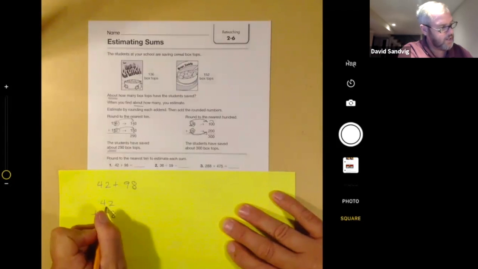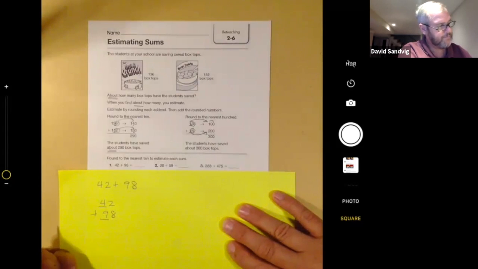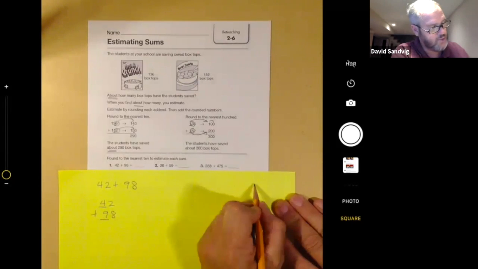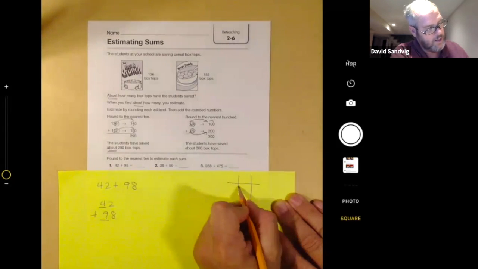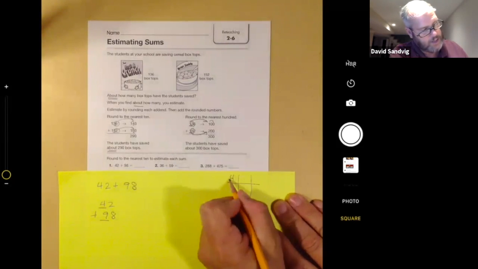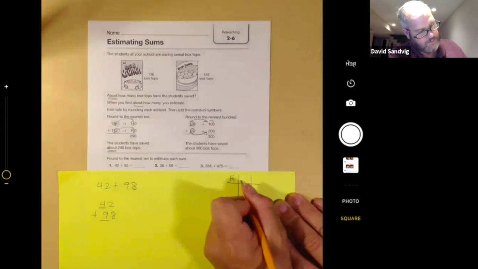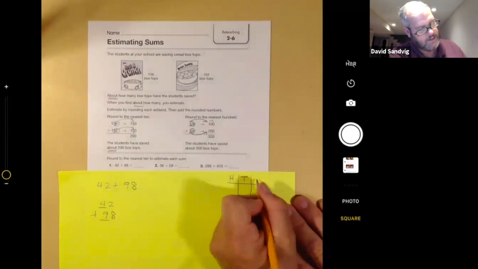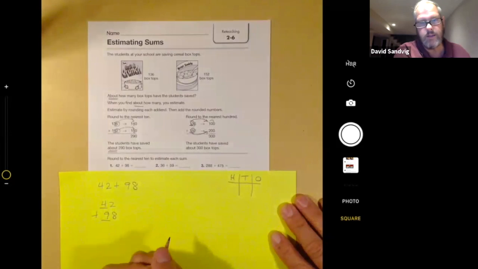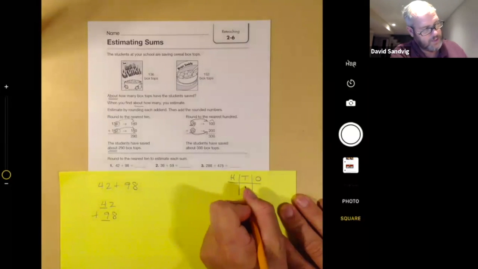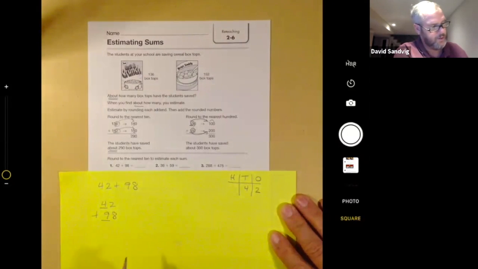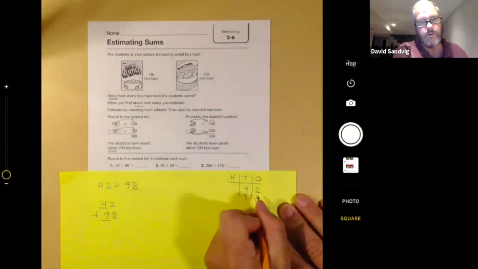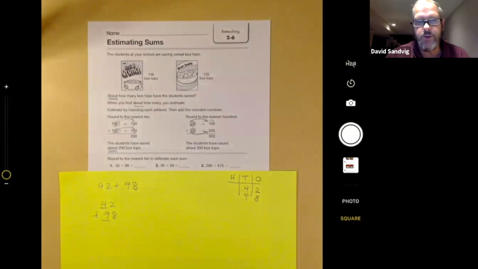So I underlined the tens place. If I don't remember, I could draw a diagram up here and write H for hundreds, T for tens, and O for ones. And I could put the numbers in to help me remember where they go. All the little tricks that you can do to help yourself.